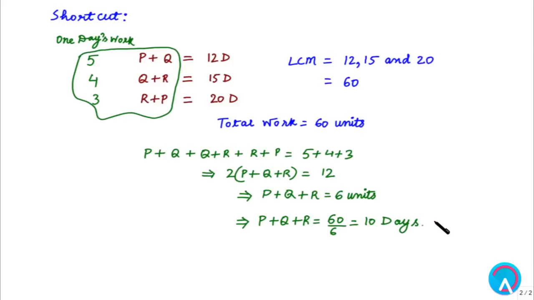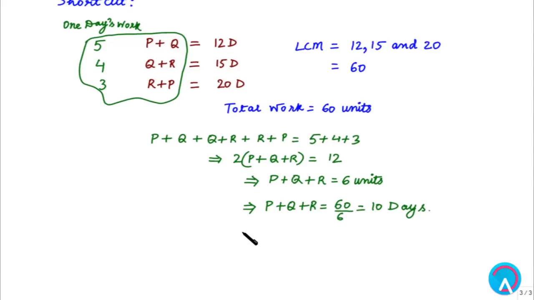From this method, we also have to find out how long it will take for them to complete the work individually. So for finding how long they will take individually, we have P plus Q plus R in one day can complete 6 units of the work, and we have already found out that P and Q in one day can complete 5 units of work.